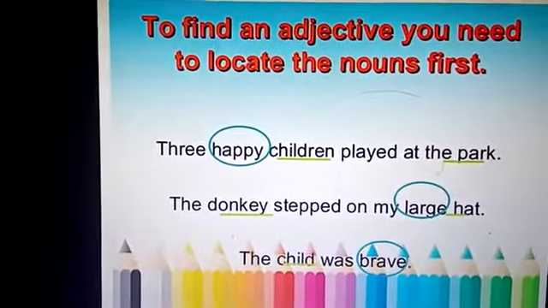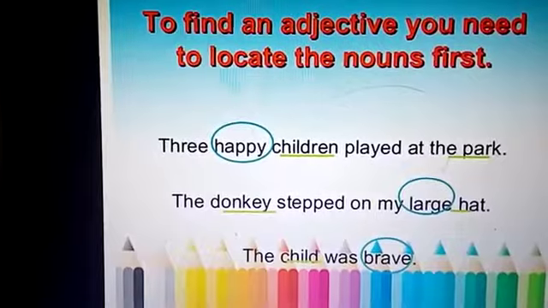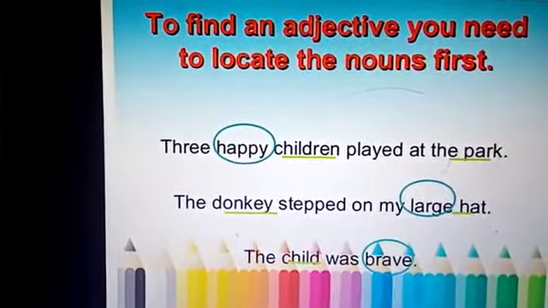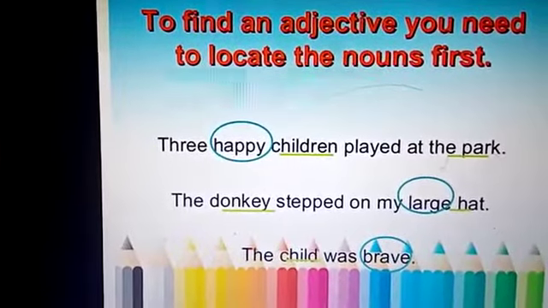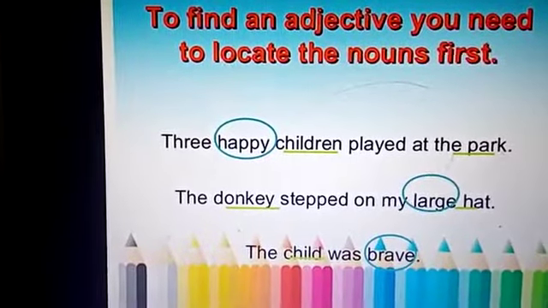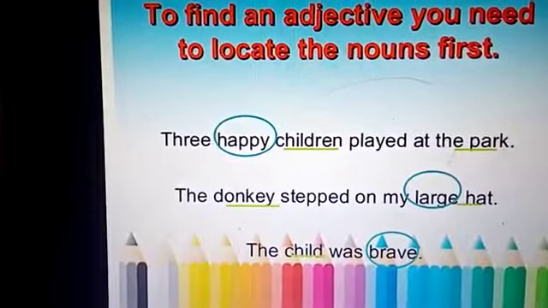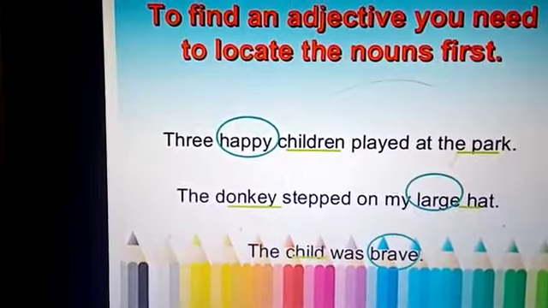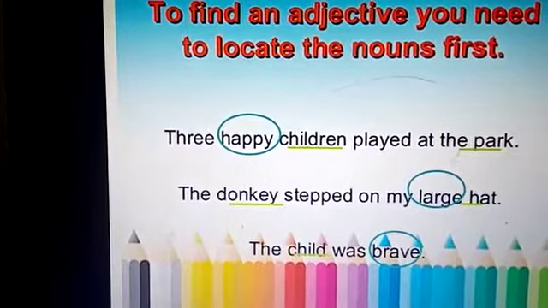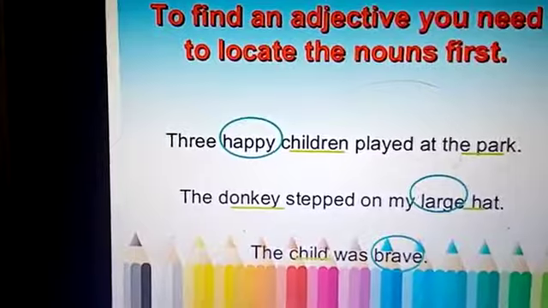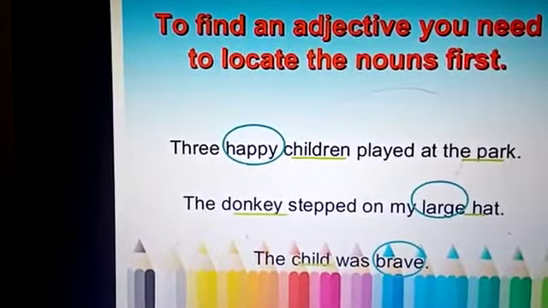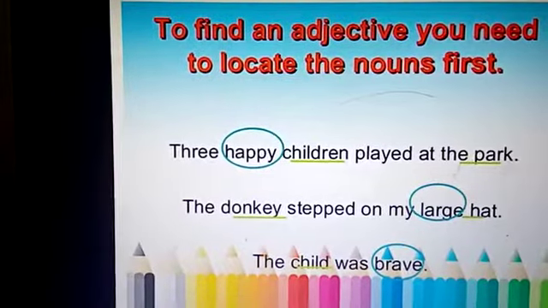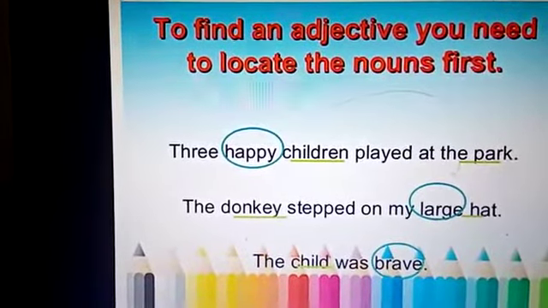The word which describes the noun here is happy. Happy children, this was the quality of the children. So happy is an adjective. Large hat. Hat is a noun. And what kind of hat? So large hat. Large is an adjective. The child was brave. What kind of child was there? The brave child. This describes the quality of the child. So brave is an adjective.